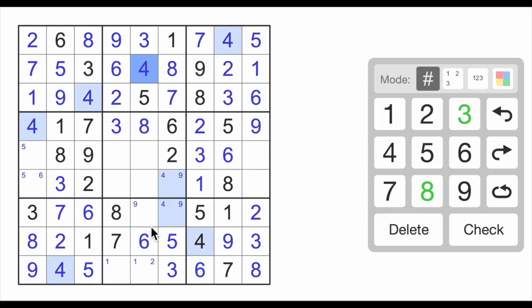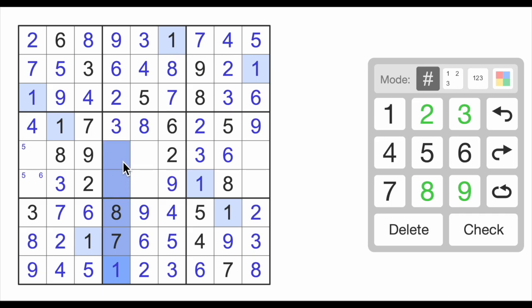And this 4 makes this cell 9. This will be 4, and this will be 9. And 2 was placed here, so now this is 1, and this will be 2. And 1, 1 gives me 1 here.